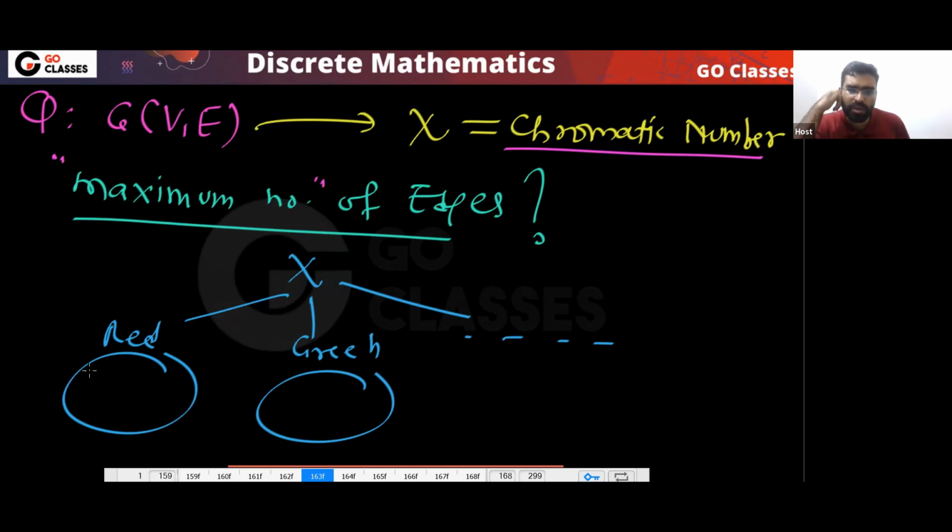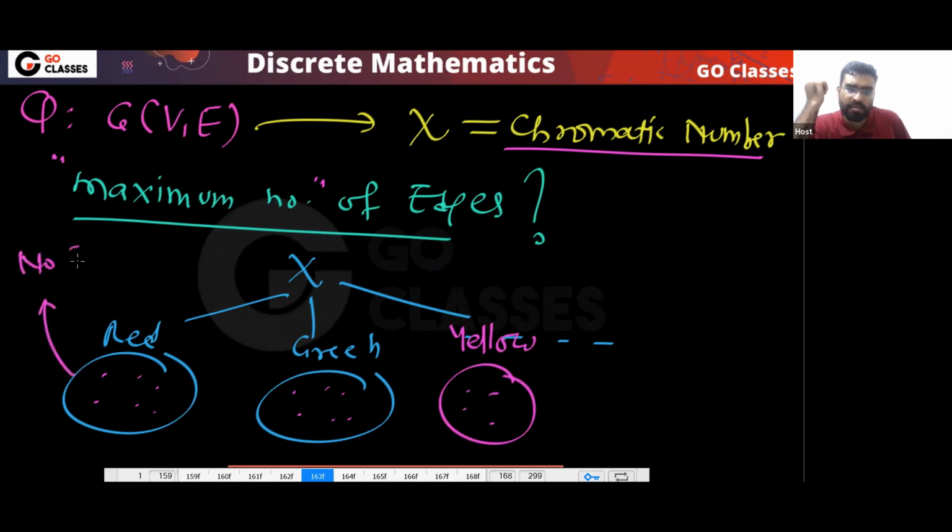To get maximum, you can notice if there are some vertices here, then they are an independent set. Any color class you take does not have any edge. There is no edge here because these are the red. Similarly, this is an independent set, so there is no edge here.